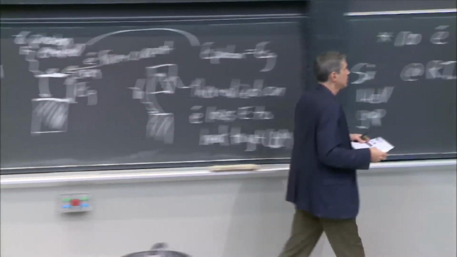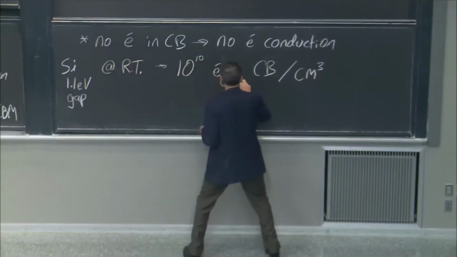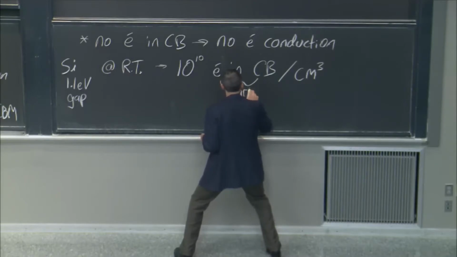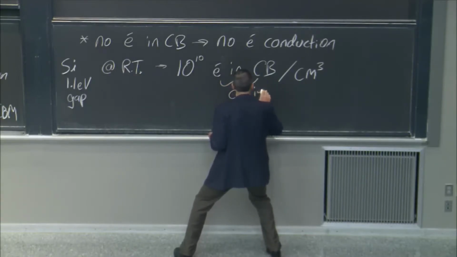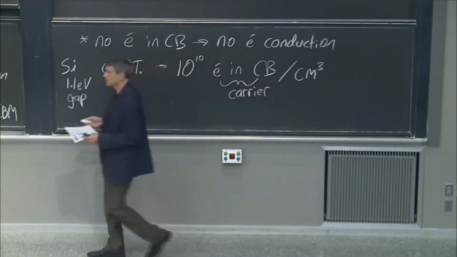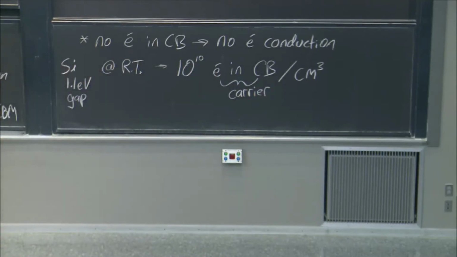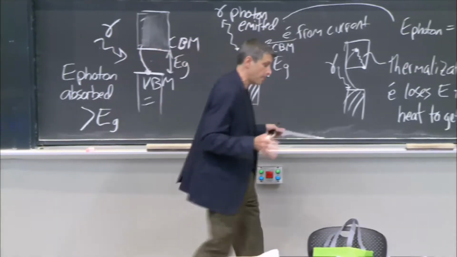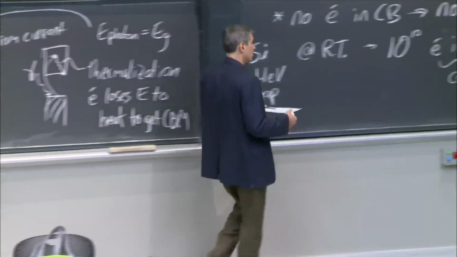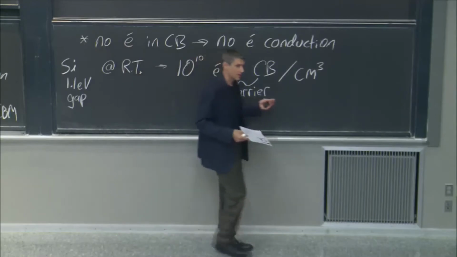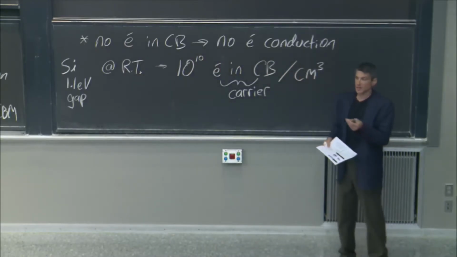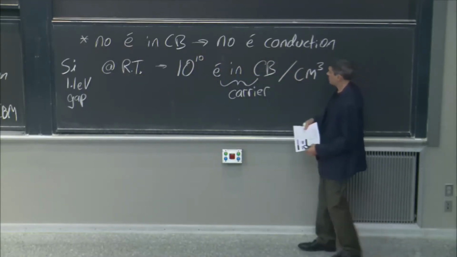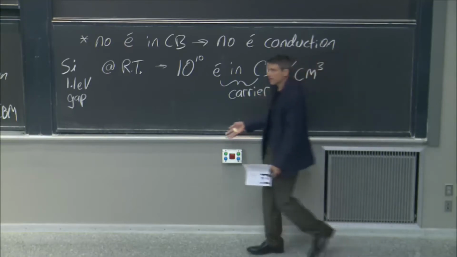An electron in the conduction band is also called a carrier. So for silicon at room temperature, I will have about 10 to the 10th carriers in the conduction band. A carrier is a carrier of electricity.